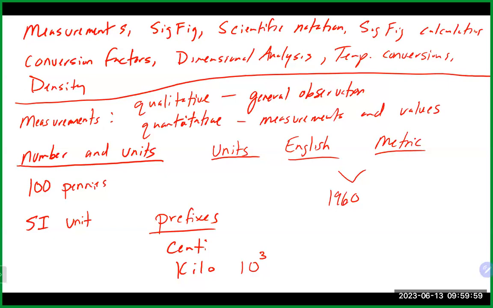And I will say, when you see those types of things, it's very common that people will do the conversion wrong. When you see that kilo is 10 to the 3, centi is 10 to the -2, whatever it may be, what that means is that's how much there is in the base unit for one of the prefix units. So for example, in one of the prefix units like kilograms, there would be 10 to the 3 grams.